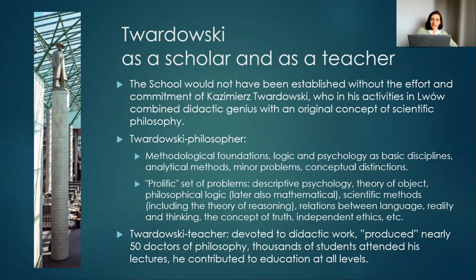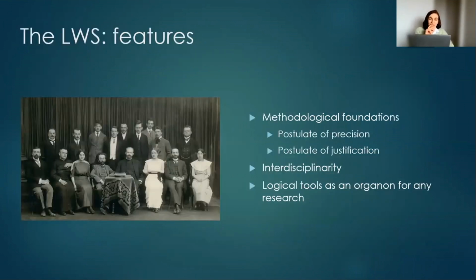Okay, what's next? Well, I already said something about the features of the school, but let me repeat the most important features of the school once more. So the methodological foundations were very important. They are usually described as two basic methodological postulates: the postulate of precision and the postulate of justification.